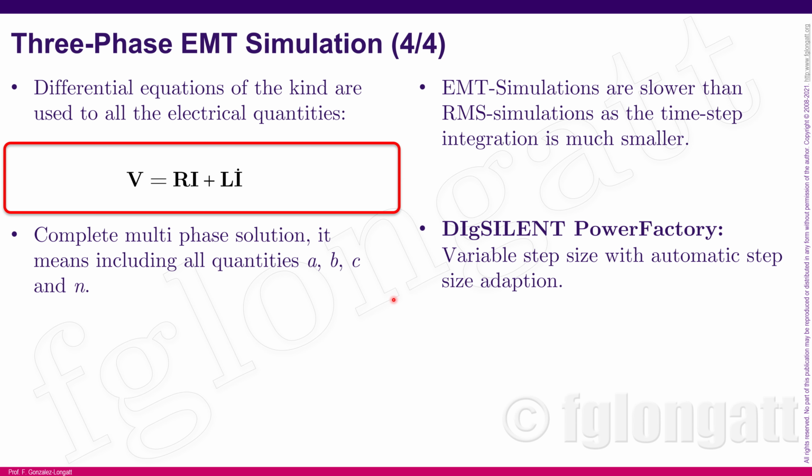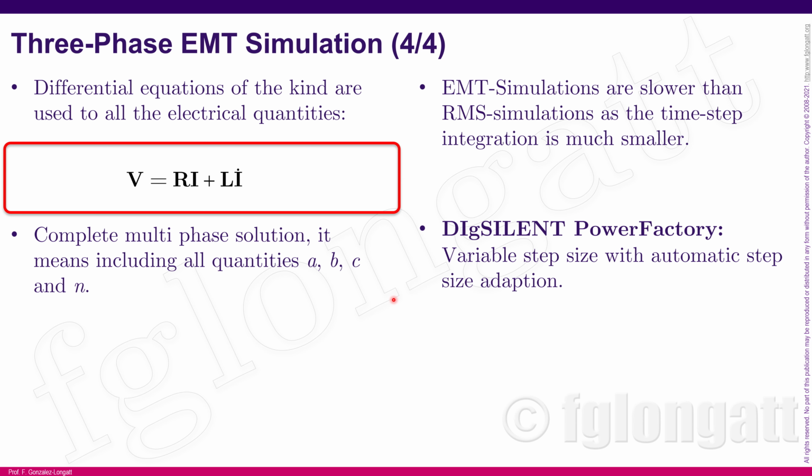It's constant. However, DIgSILENT PowerFactory has some numerical routines that allow the time step to be increased or decreased depending on the complexity of the dynamics. And that is a very important point. That is a very valid point, because when we are using EMT simulations, using a constant time step is very time consuming.